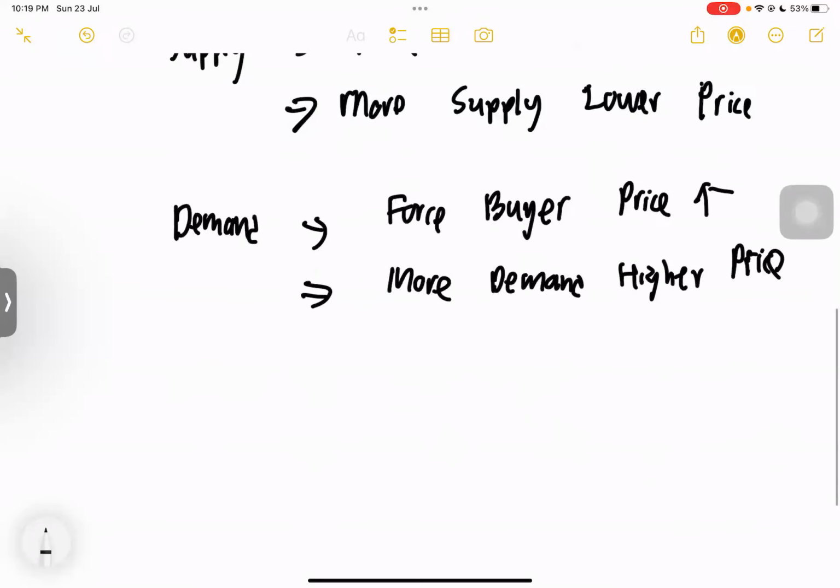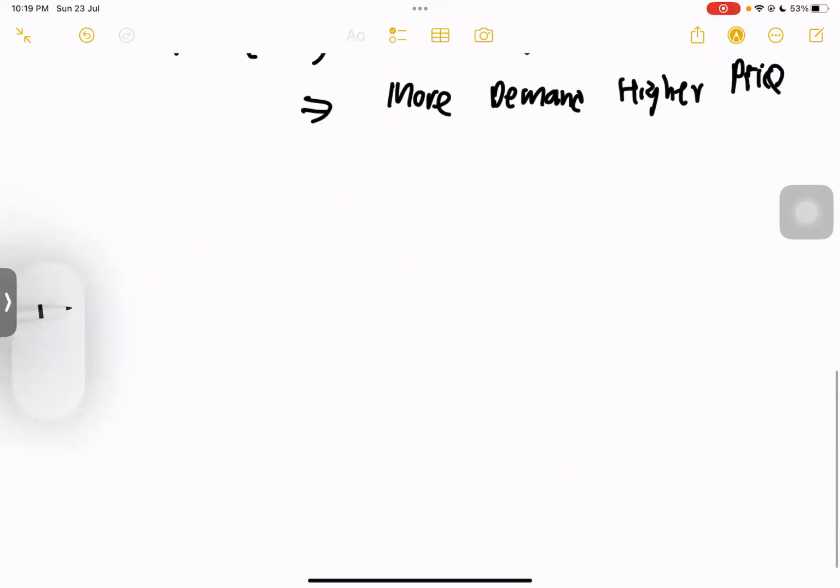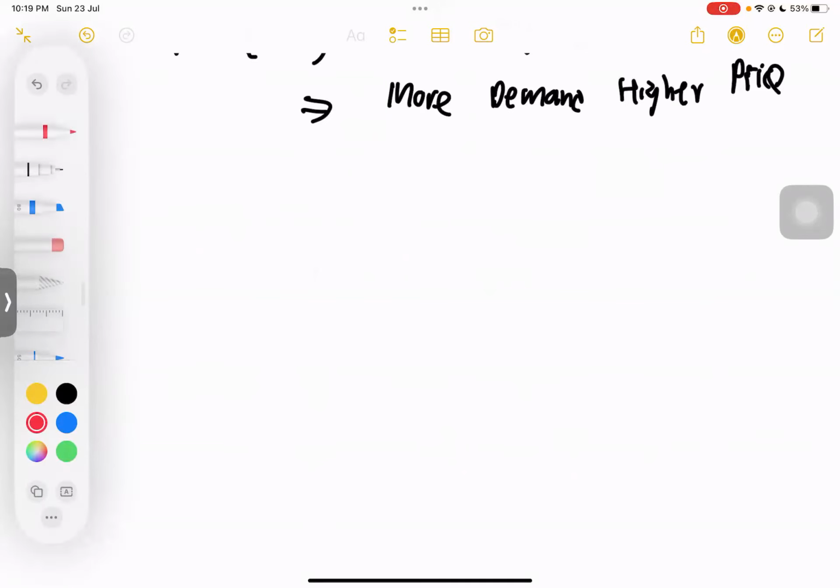First of all, we go to supply. Maybe I change to another color. When we talk about any zoning, you can categorize it as two types: first is reversal, second is continuation.